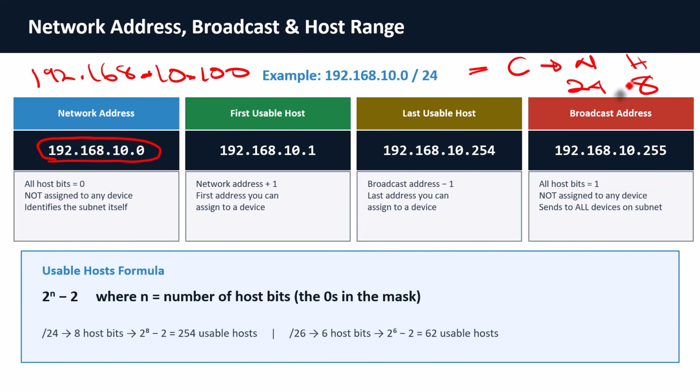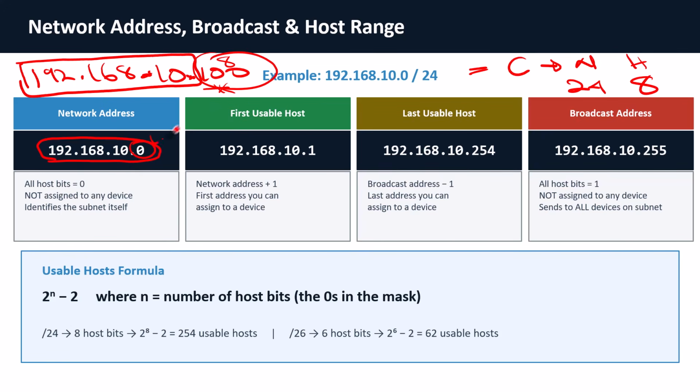They are 8. Now, if we have 24 network bits, that means the whole of this is going to be the network. The first 3 octets are going to be the subnet, and they won't change. But because we said that for the network address, all the host bits here, these 8 host bits, are going to be turned to 0.